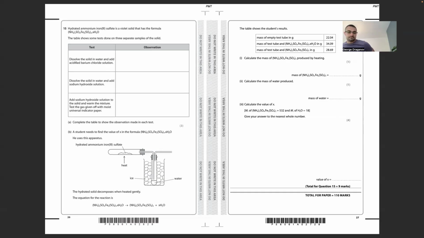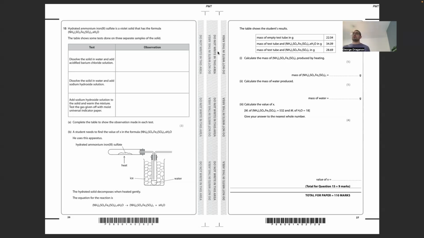They give you a table. In the first step, calculate the mass produced by heating. All you need to do is minus, so the empty tube is this, and this is the mass of the tube after it's been heated.